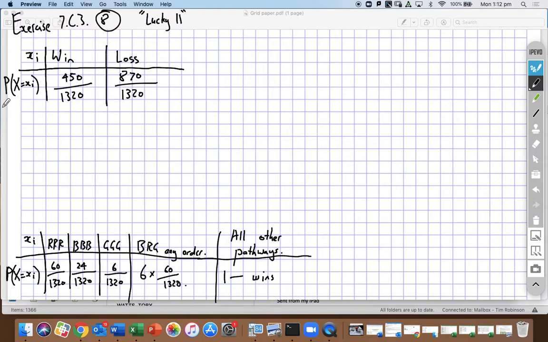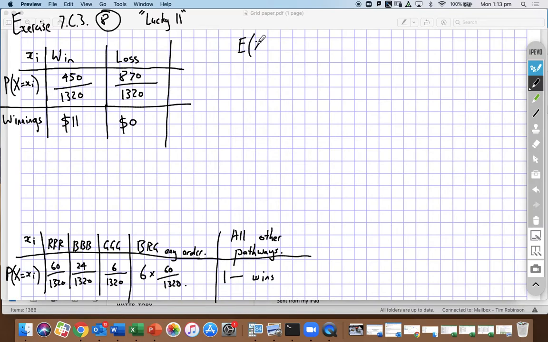Now, if you win, so your winnings, if you win, you make $11, but if you lose, you make $0, okay? All right. Now the expected value, let's just calculate.